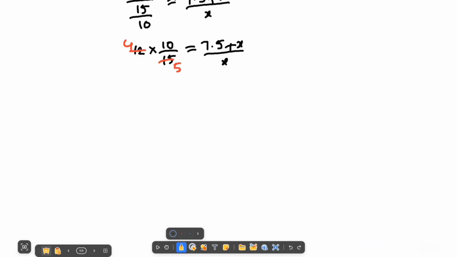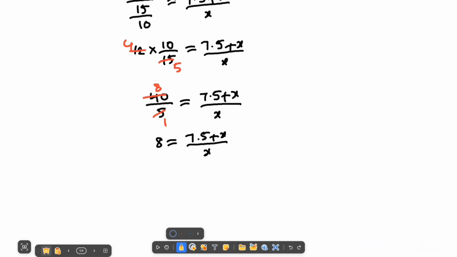So now it will be 4 into 10, 40 by 5 is equal to 7.5 plus X by X. Again cancellation is possible. 5 8s are 40. Now 8 is equal to 7.5 plus X by X.